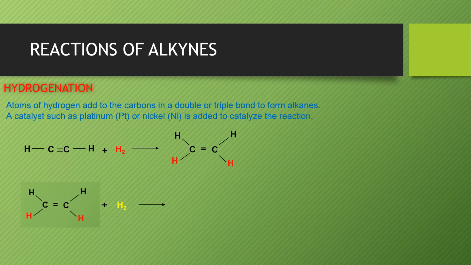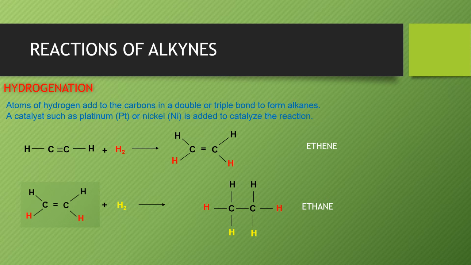So this double bond now is going to break into a single bond. Everything that is attached to the carbon atoms remains the same, the hydrogens in black, the ones in red, and now the 4th bond will be the added hydrogen that is going to produce ethane.